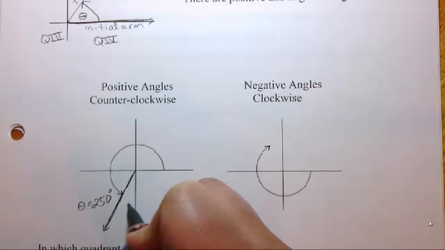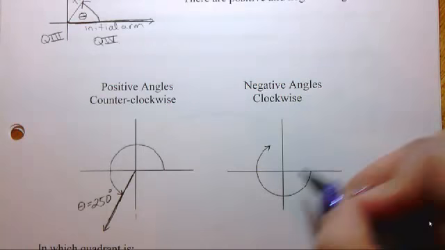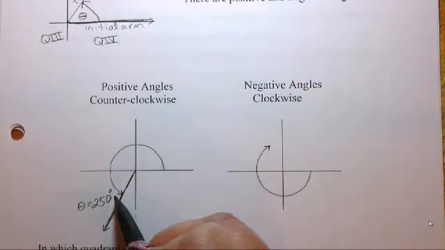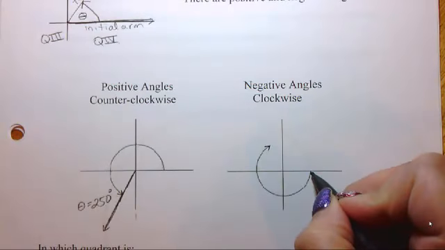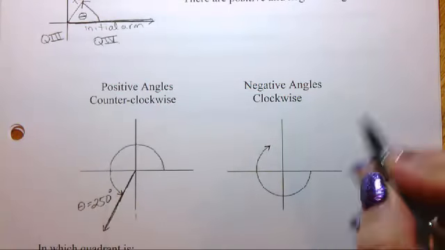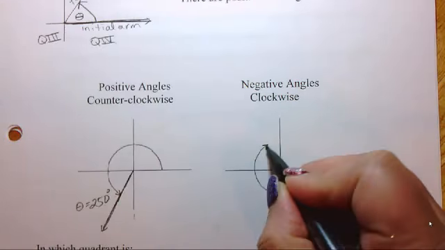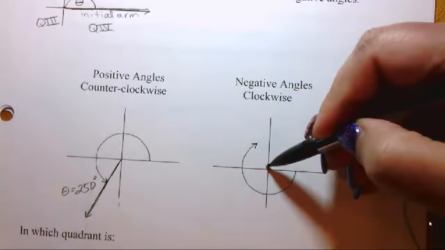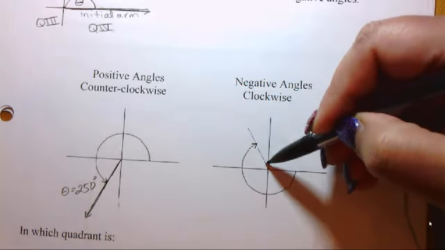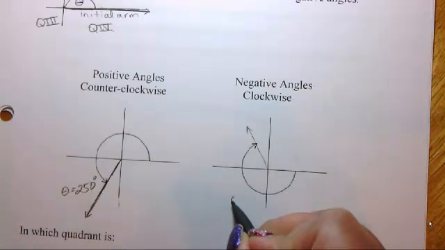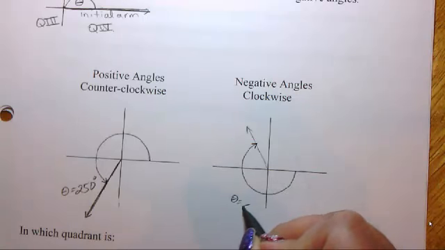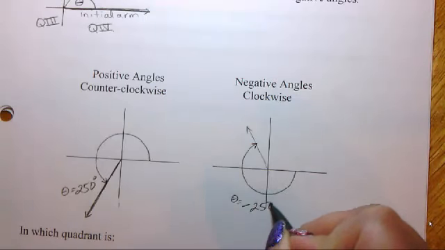There's probably about 20 degrees here we can estimate. This angle measure is exactly the same as this one, except for where it starts and ends. This angle goes in the negative direction, and it starts from here and goes all the way around here. So if we were to draw the terminal arm right here, we could say that this angle measure here is negative 250 degrees.